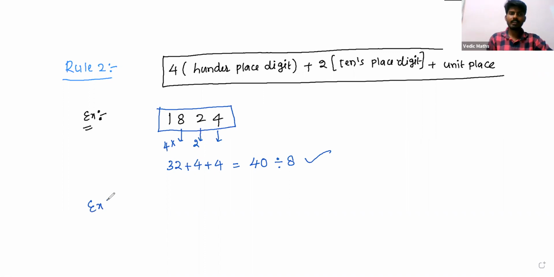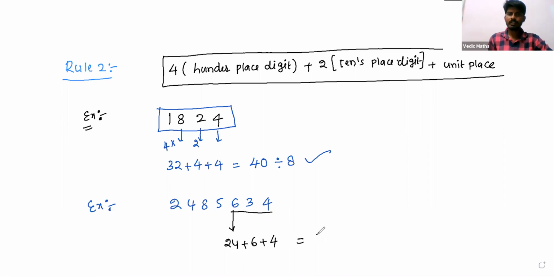Let me take another example. Suppose 2485634. Here I have taken a very large number. If you observe the last three digits, the hundreds place digit is multiplied by 4, so it gives 24, and the tens place digit is multiplied by 2, so it gives 2 times 3, which is 6. The last digit, the unit place digit, we write as it is.